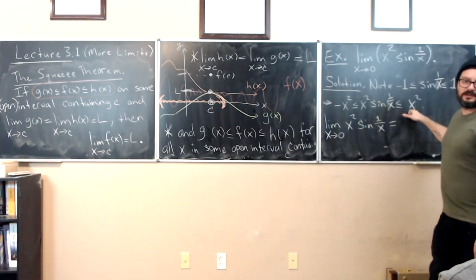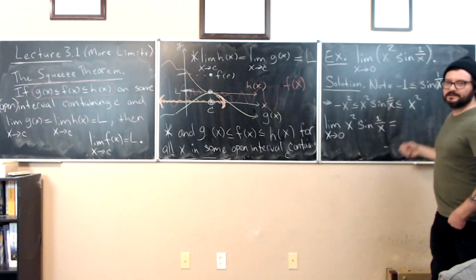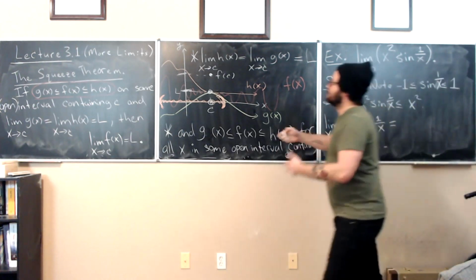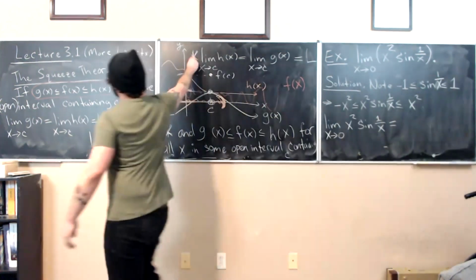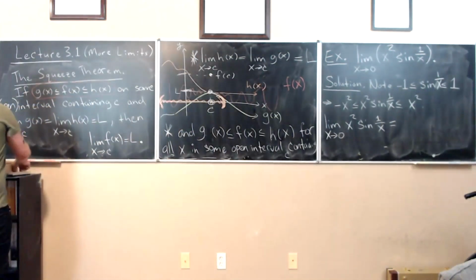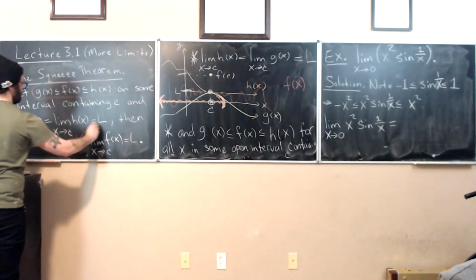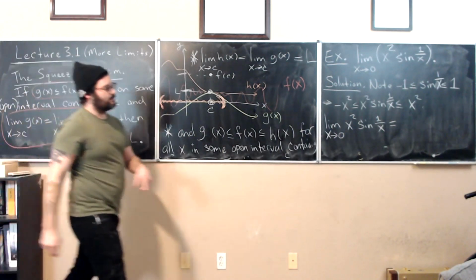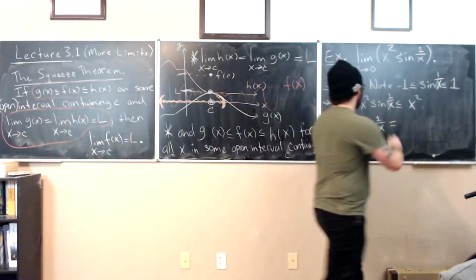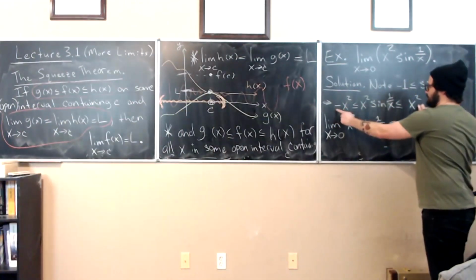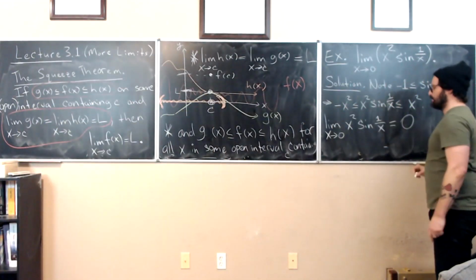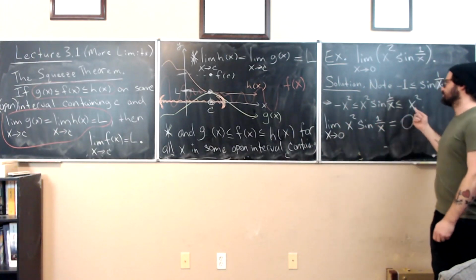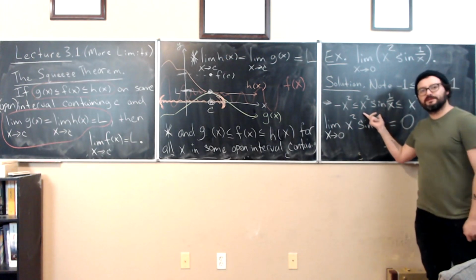The limit as x approaches 0 of that polynomial on this side is also 0. They match up, so they satisfy that condition, which means that since the middle term is squeezed in between them, that limit has to be the same. It has to be equal to 0, because that goes to 0 and that goes to 0, and it's always in between them.